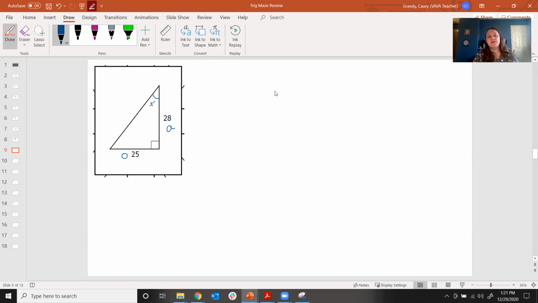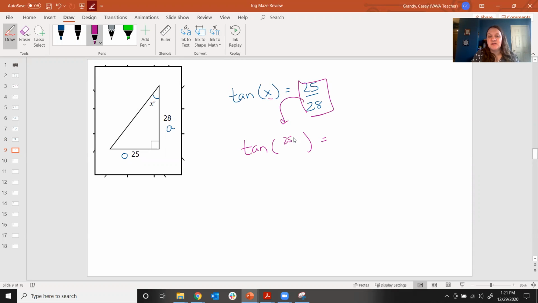So looking at my Sohcahtoa, I know that I'm using tangent. The tangent of the angle, in this case, the angle is the variable, is the opposite over the adjacent. And we learned in class that we are allowed to flip-flop our ratio and our angle, meaning we can put our ratio in the parentheses and our angle outside the parentheses, as long as we remember that we are inverting them.